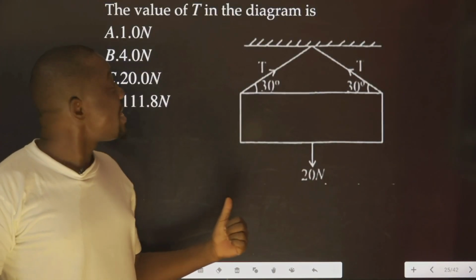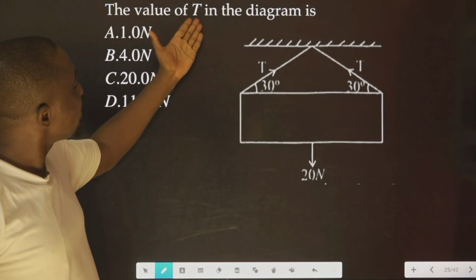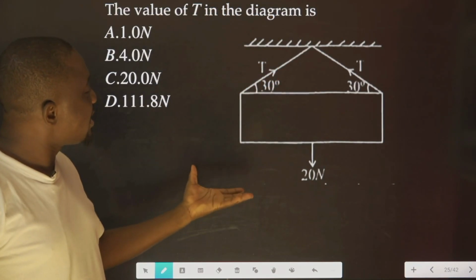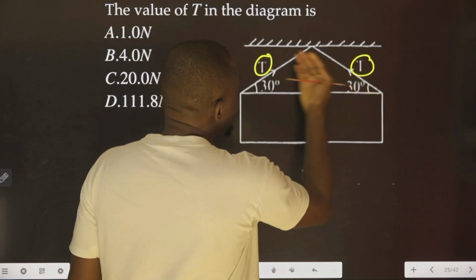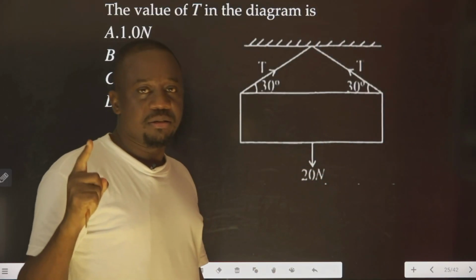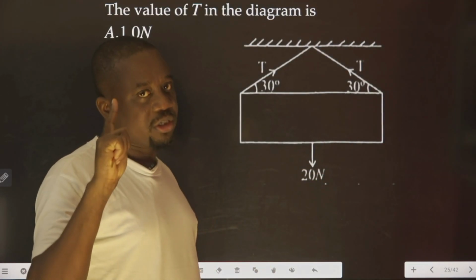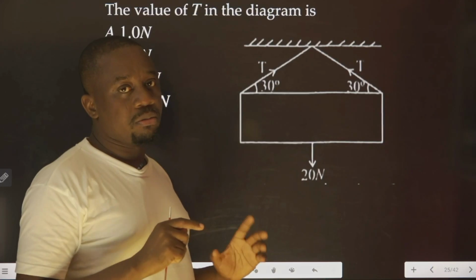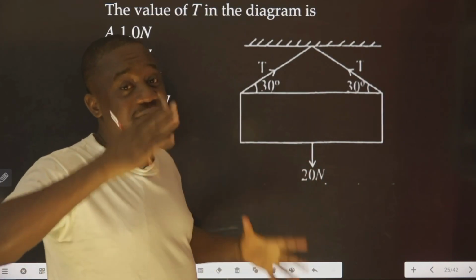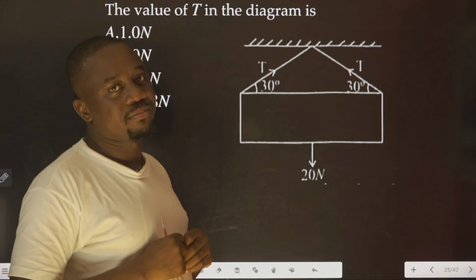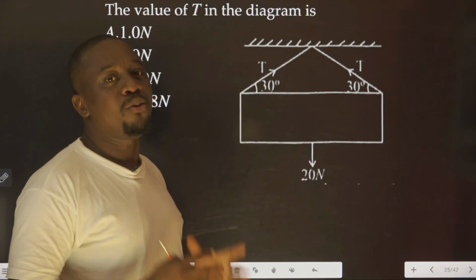Let's look at this. It says the value of T in the diagram is what? These are T, but we just need the value for T because they are equal. One thing you should see here is that this system is in equilibrium, it's balanced. We need to analyze how it is balanced.